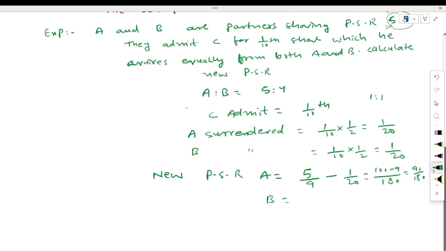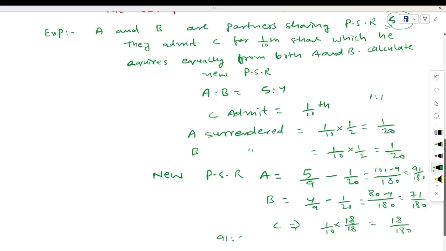B's share will be 4 by 9 minus 1 by 20, which is 180, 80 minus 9, which means 71 upon 180. Here C's share is 1 by 10. Then we have to equal the denominator, so we multiply by 18, which gives 18 upon 180. So your new profit sharing ratio would be 91 ratio 71 ratio 18. This is your new profit sharing ratio.